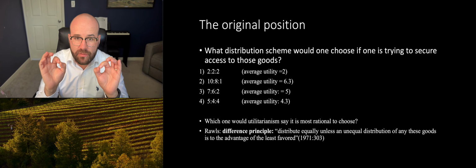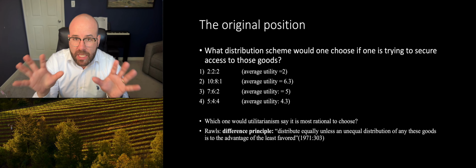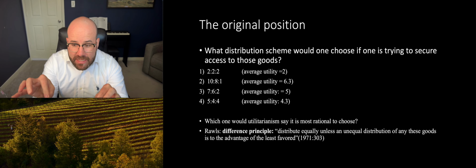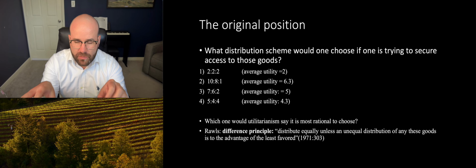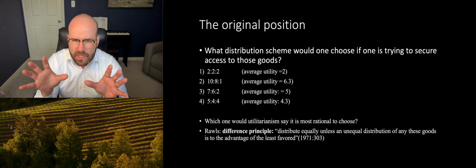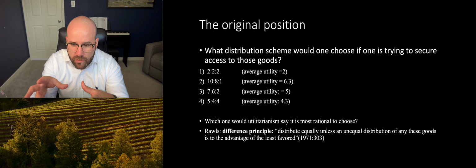And this is what the principle says. Distribute equally the primary goods unless an unequal distribution of any of these goods, I apologize for the typo, is to the advantage of the least favored. Okay, that's a bit of a mouthful, so let's go through it together.